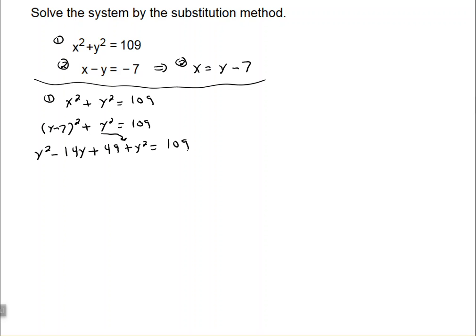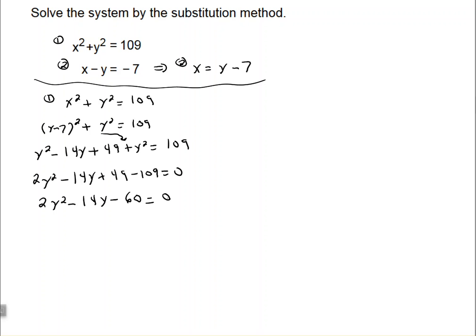Okay, combining like terms, you see I will have 1y squared plus 1y squared on that left-hand side, which is 2y squared. Therefore, I have a quadratic equation here, which means I need to have all of my terms on the same side of the equal sign. So I'm going to subtract the 109 over. So if I combine 49 minus 109, that's negative 60.